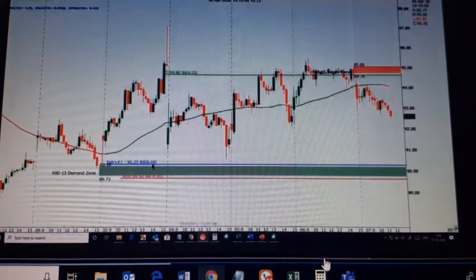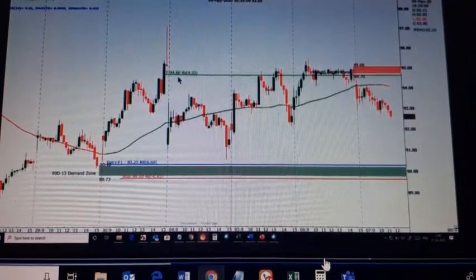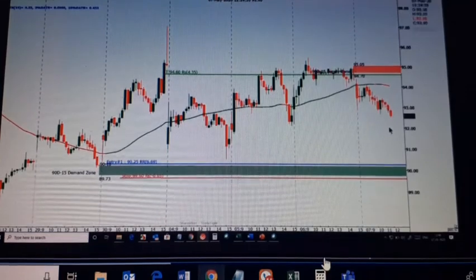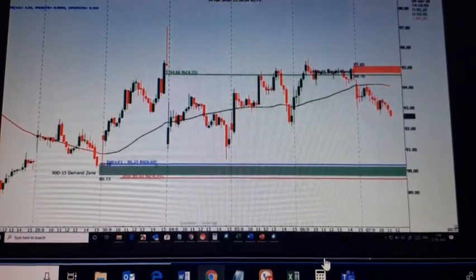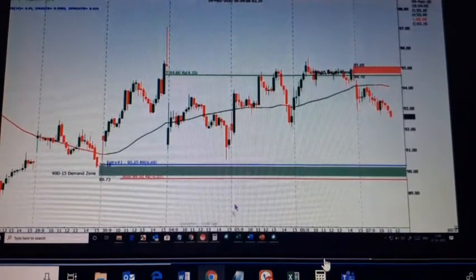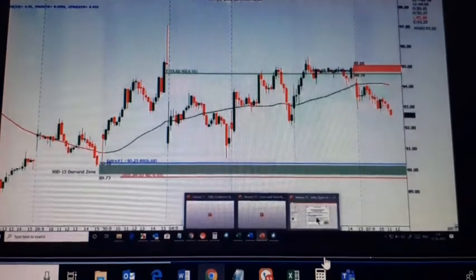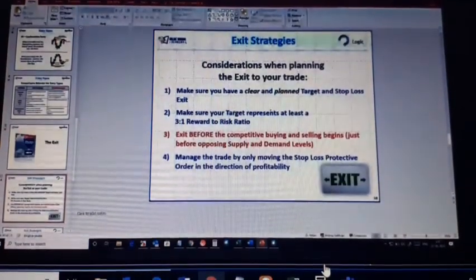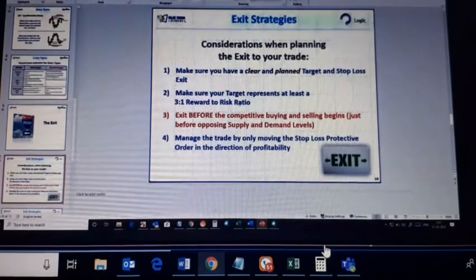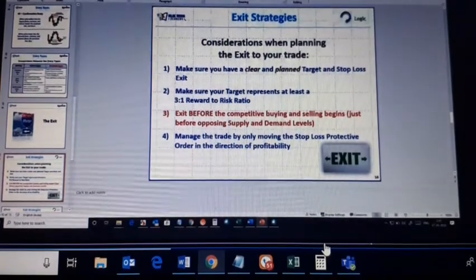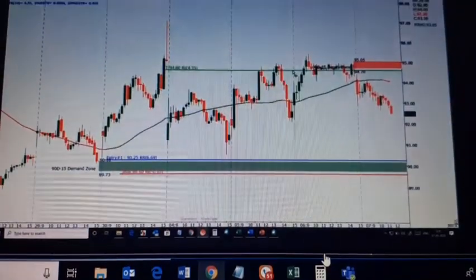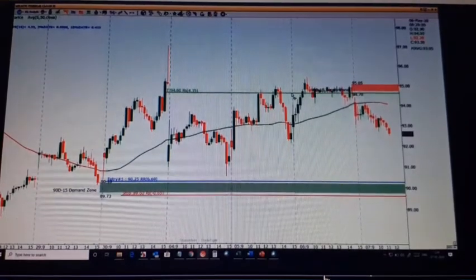Can you see this 6.69? That means the reward to risk on this trade, if I get an entry now, is 6.7. So this is what this point is stressing: make sure your target represents at least a 3:1 reward to risk ratio. If it's representing 6:1, at least we will get a 3:1, at least a 2:1.